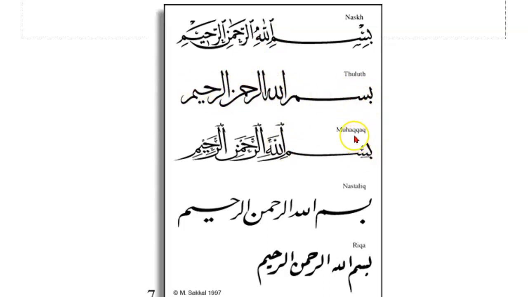Muhaqqaq, which is a derivative, it's actually an earlier script, or called a sister script of Sulus. Muhaqqaq used to be a very famous script, but I think Sulus took over because Sulus was a slightly refined version of Muhaqqaq. That's just my own understanding. And so this got adopted, and since they were so similar, people just worked with this and not this.